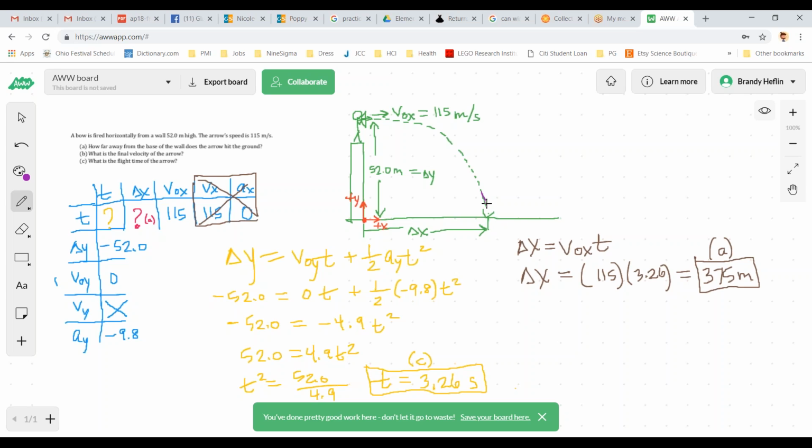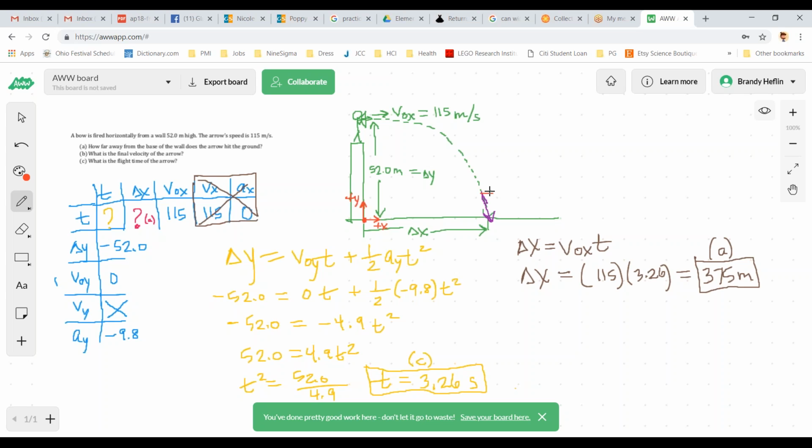sorry, trying to navigate my whiteboard right now. I kind of exceeded the ground a little bit in my picture. There we go. I'm going to be clever. I'm going to have a purple arrow, and I'm going to do a red component and a blue component.